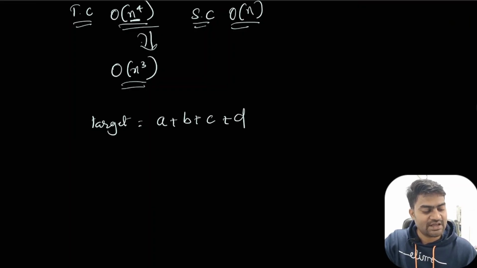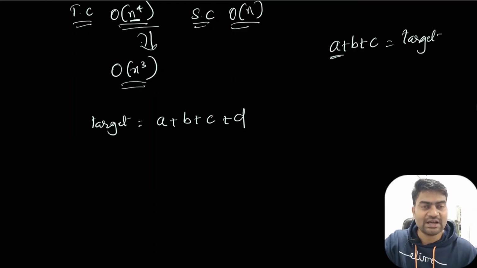Now in the threesome case, a plus b plus c will give us the target. If I know one number, then the sum of the other numbers gets reduced to some problem.